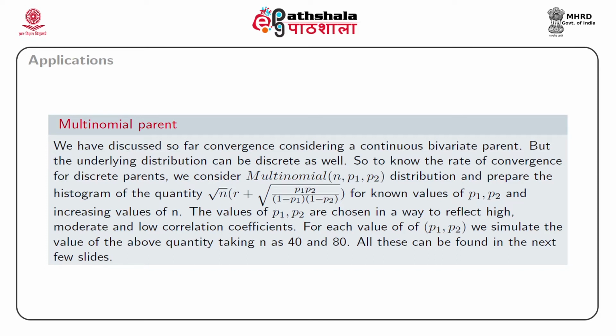The values of p1, p2 are chosen in such a way as to reflect high, moderate and low correlation coefficients. For each value of p1, p2, we simulate the value of the above quantity taking n as 40 and 80, and all this can be found in our next few slides.